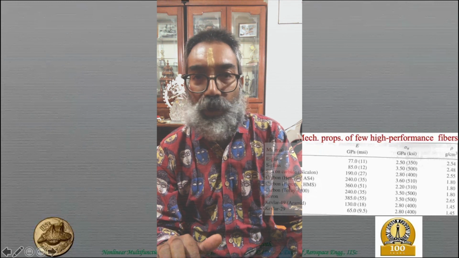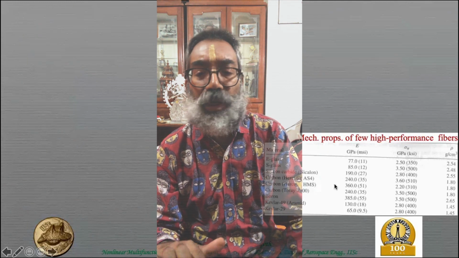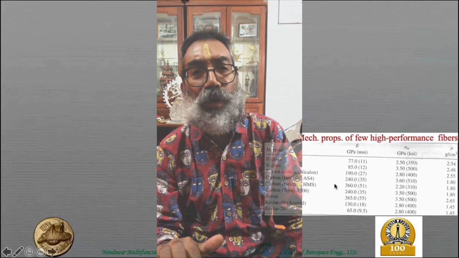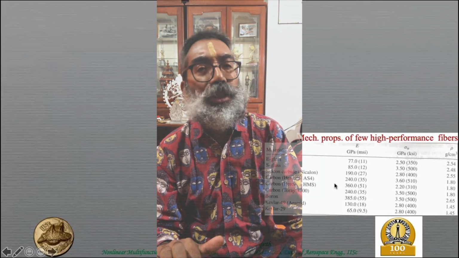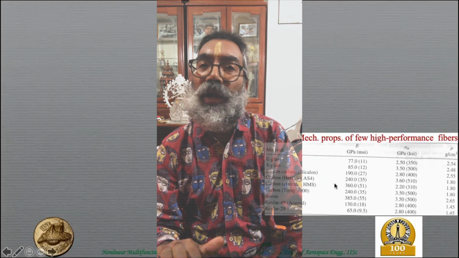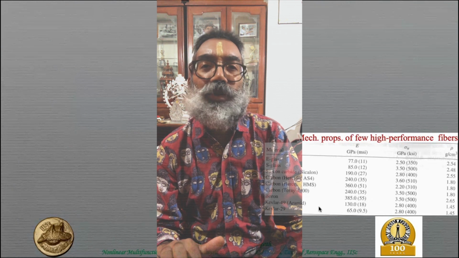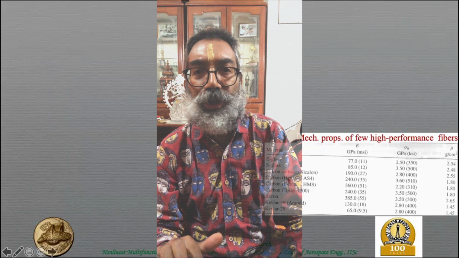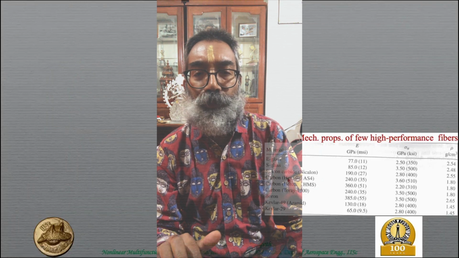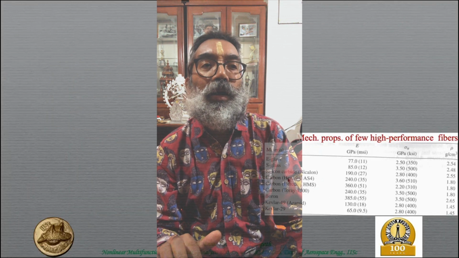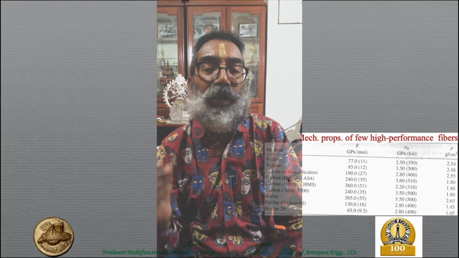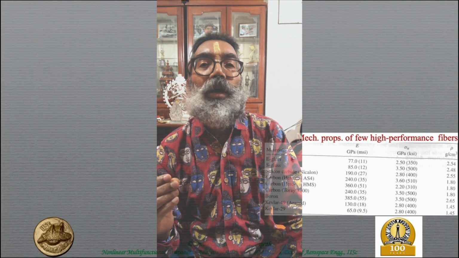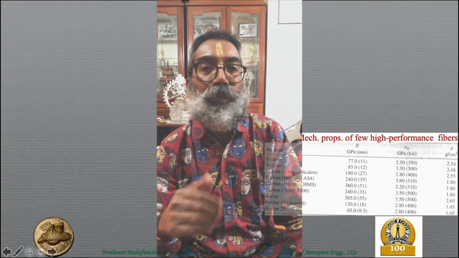All again based on which company is making it, like Hercules, Torre, etc. What is the precursor, rayon, pitch or PAN, and also in terms of the filament counts, etc. So various things come into picture, and what is the diameter to which you're going for an individual carbon fiber. That to a large extent determines the properties as well.